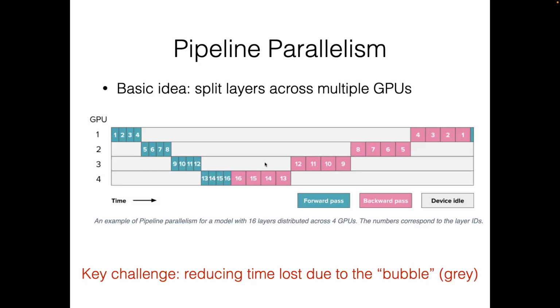Similarly for the backward pass, which goes from the last layer to the first. So there's a lot of wasted time here. This gray space is referred to as the bubble. The key challenge is: can you come up with more clever ways to reduce the bubble, or the time lost due to the bubble?